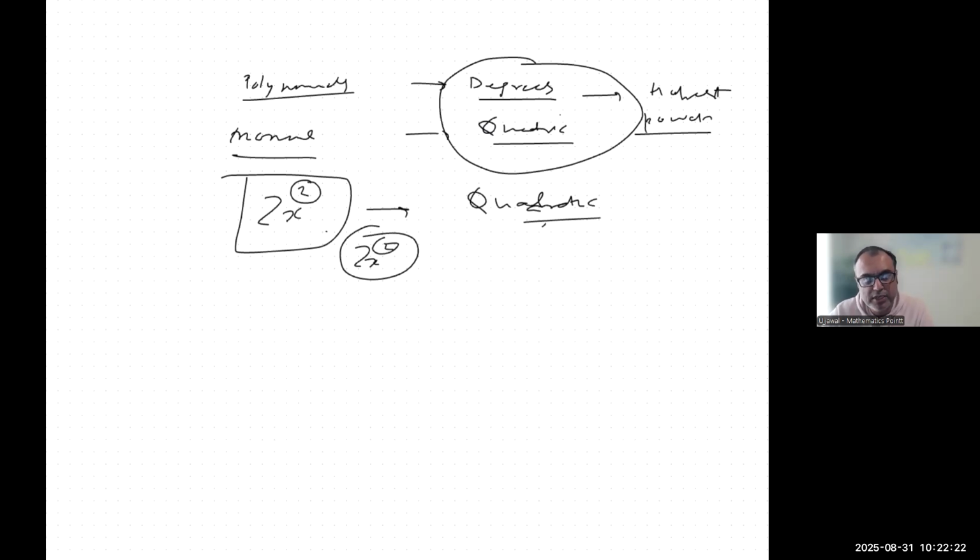For example, 2x plus 3y. This is a binomial, two terms, unlike terms. And eventually this is a linear expression because the highest power is 1. All good.